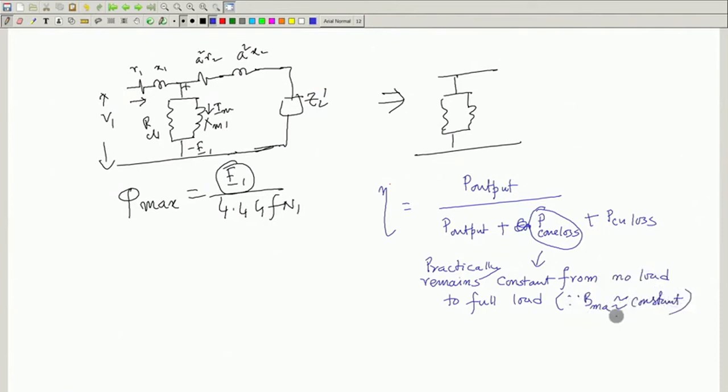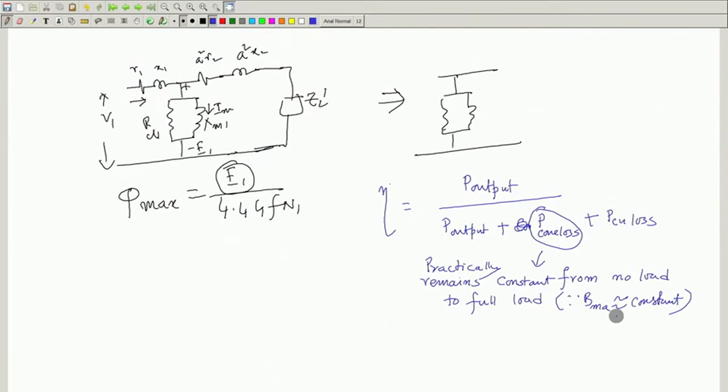Got the point. Therefore, here is a loss which will always be taking place within the transformer. If its primary is energized, no matter whether you have connected a load on the secondary side or not, P core will always be there.